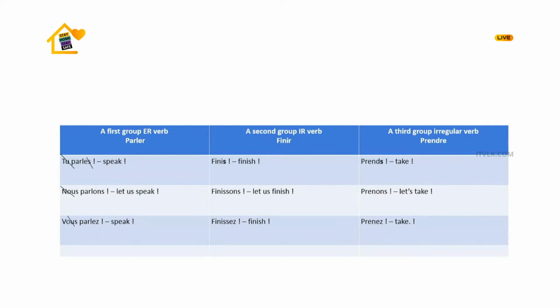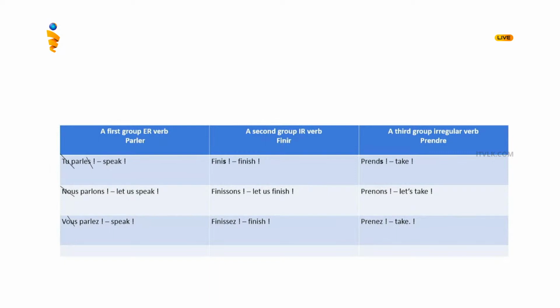And if I take finir, there again the subject pronoun is not to be seen. You see only the conjugated verb as finis, finissons, finissez. If I take the third group, irregular verb, there again you see only the conjugated verb as prends, prenons, and prenez. I have also mentioned the translation for you.